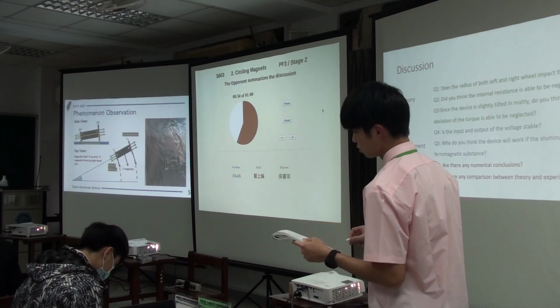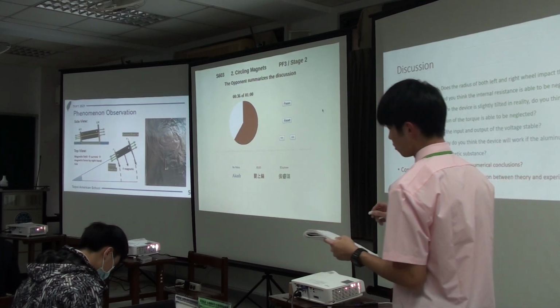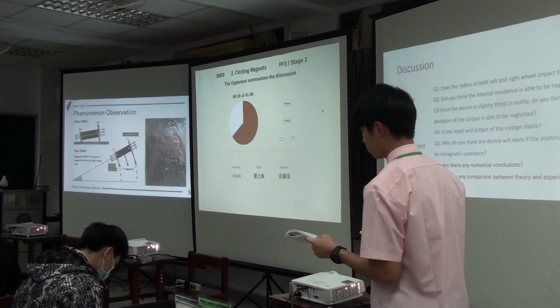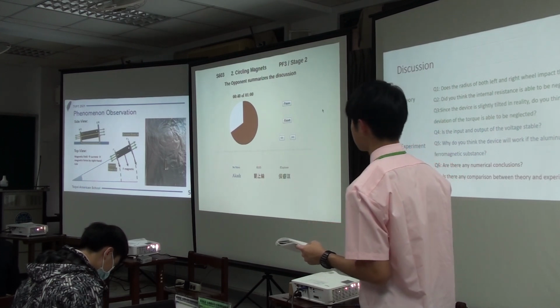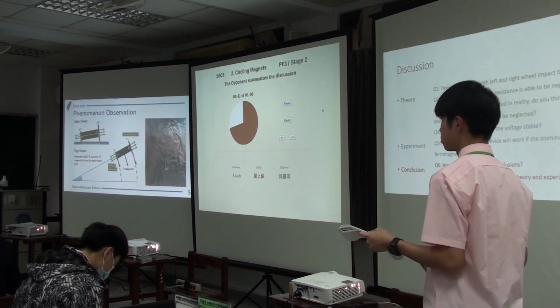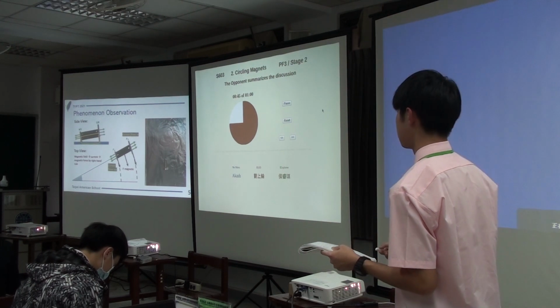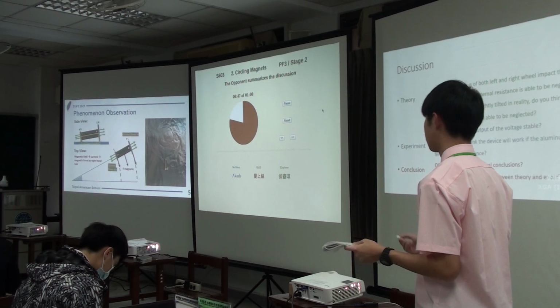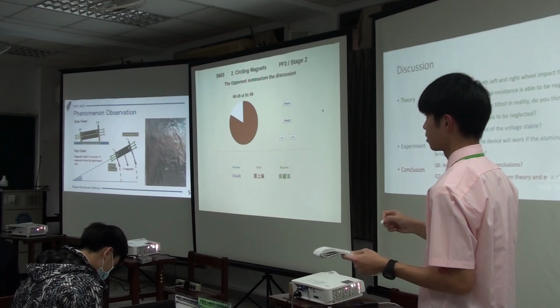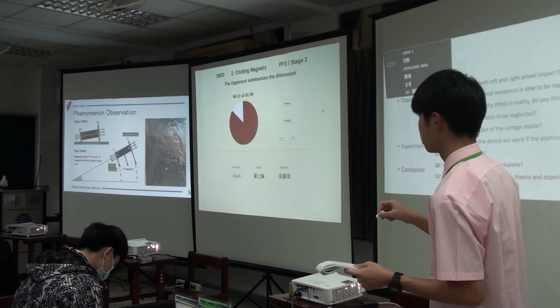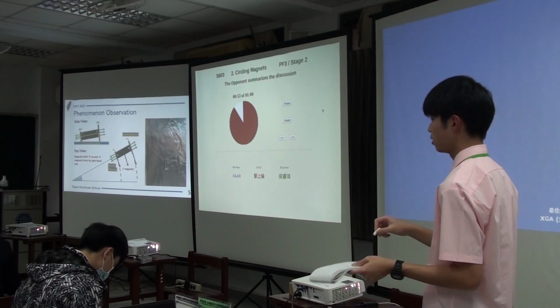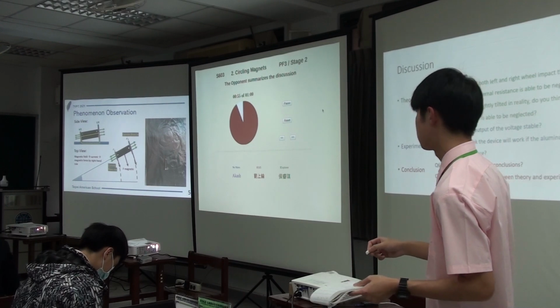I still want to know if the creases on the foil will impact the result. But unfortunately, the battery is not strong enough to accelerate the velocity to high speed.